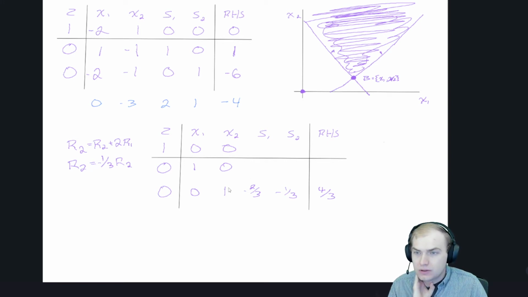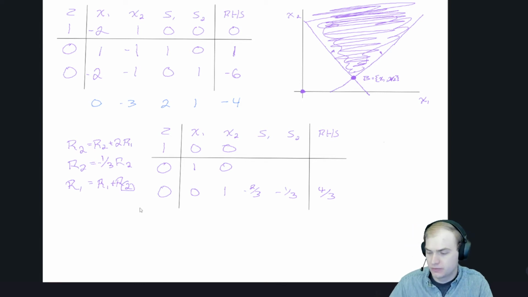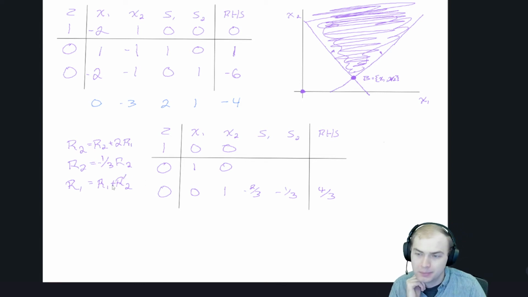Then we just do a row 1 equals row 1 plus row 2, and here this row 2 is this row. So maybe row 2 prime is helpful here.